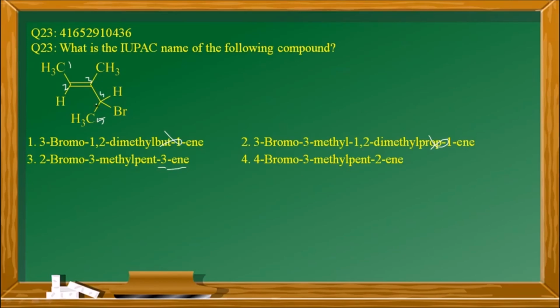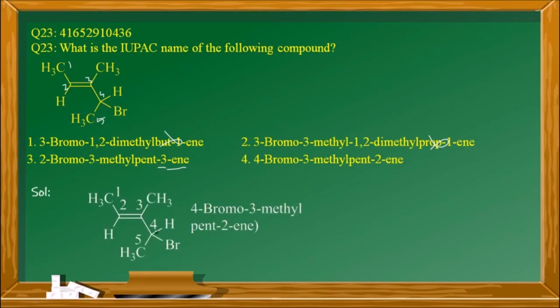Here it is given that way, but as per IUPAC rules, the alkene group must get the lowest number. That means this is the way we have to follow, 1, 2, 3, 4. By following this method, we get 4-bromo. Yes, this is a 4-bromo. This is a 3-methyl. So 4-bromo, 3-methyl, pent-2-ene.